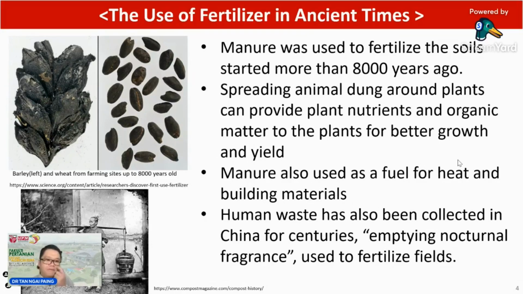But before that, when we look into the history through carbon dating or nitrogen-15 research, we can find out that back in ancient times, more than 8,000 years ago, manure was being used to fertilize the soil. If you can see the pictures on the left, the barley and wheat from farming sites more than 8,000 years ago.